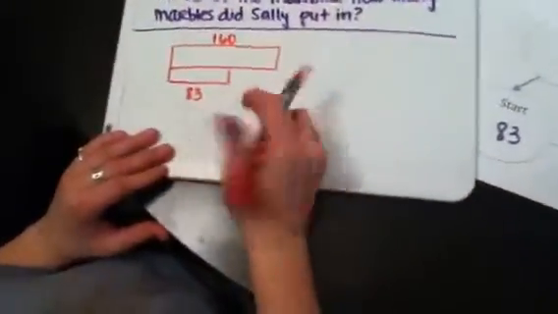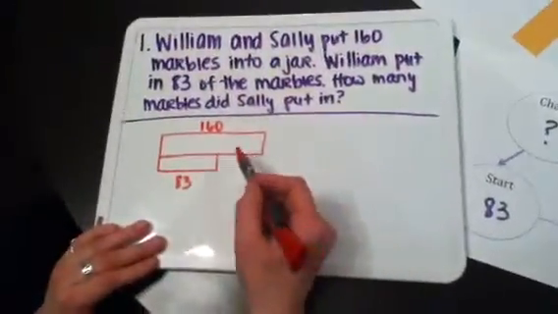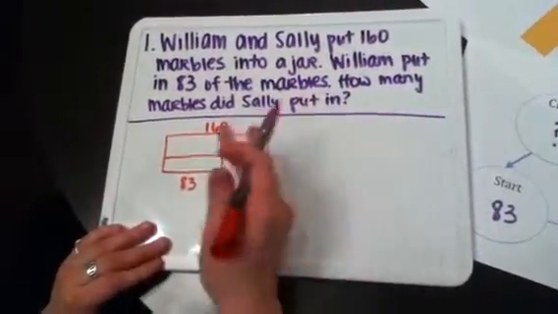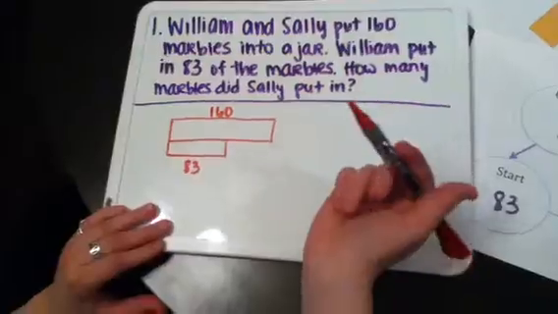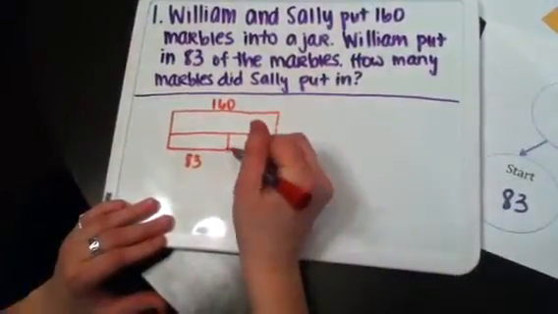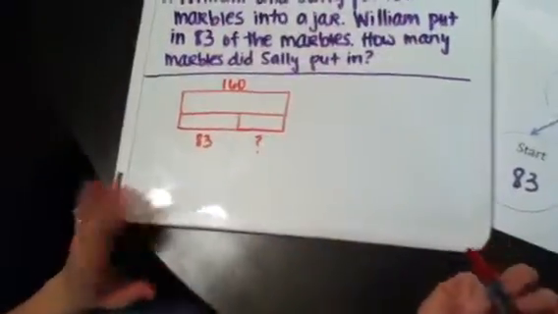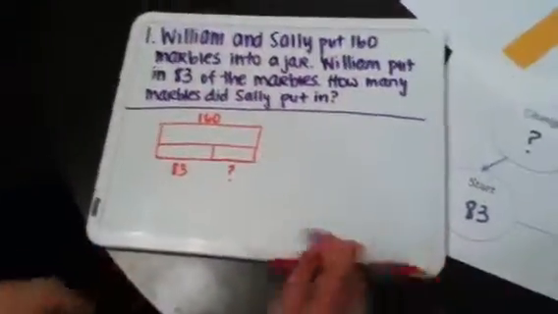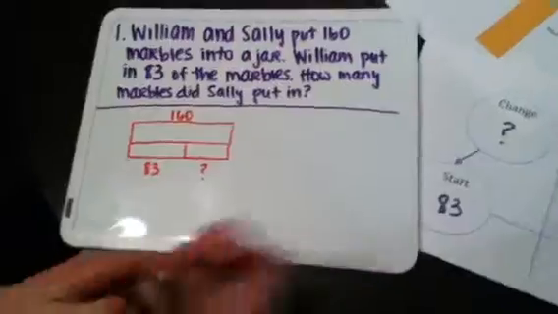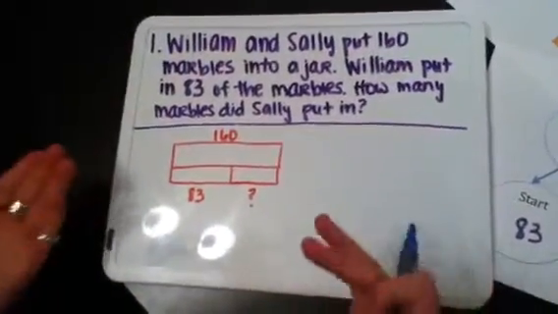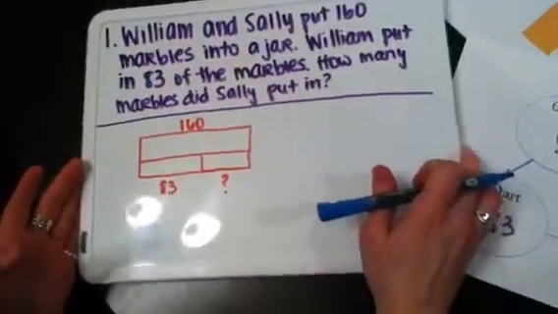So we need to figure out how many marbles Sally puts in to make up the 160 total that we have. So we're going to draw this box right here, and this is what we need to figure out. So we need to be able to write an equation to help us figure out exactly how many marbles Sally put in.